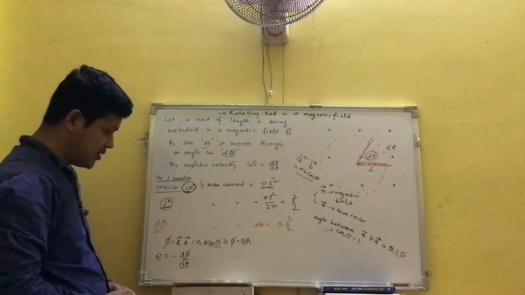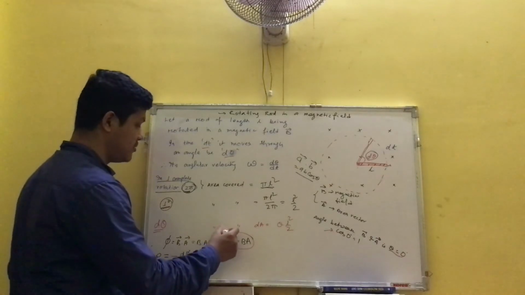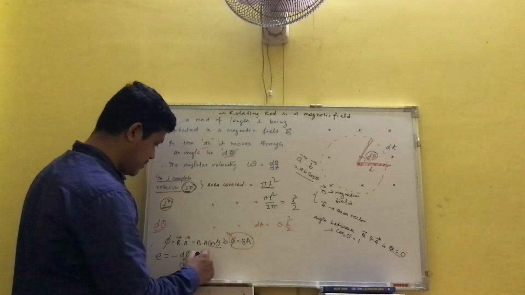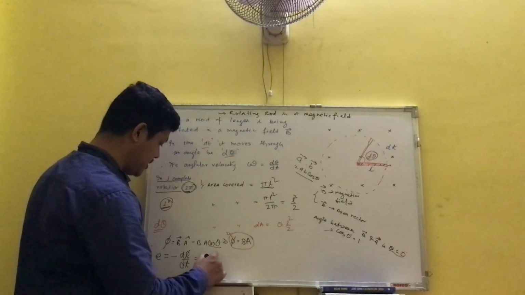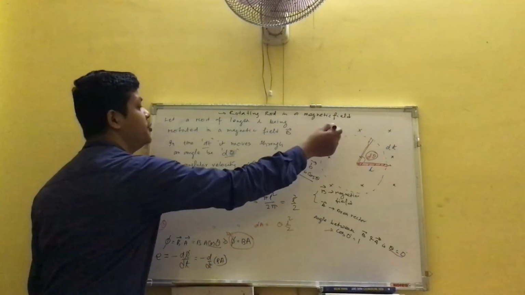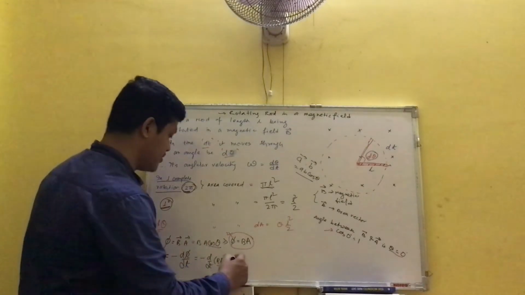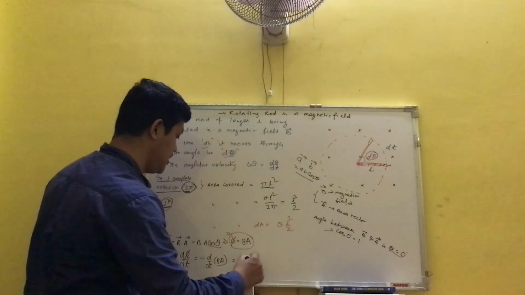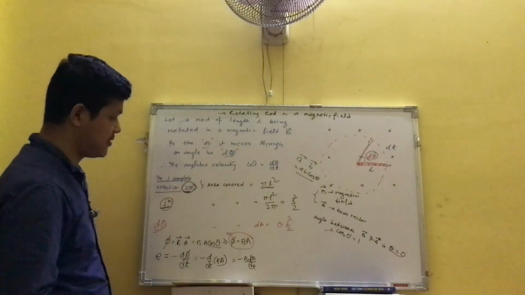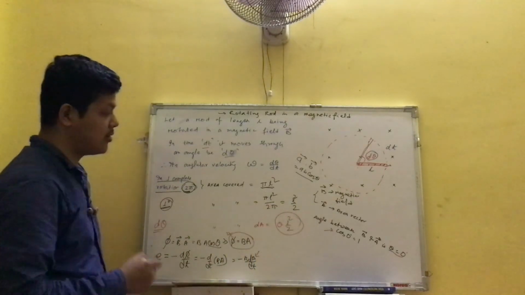Now as we have got phi equals BA, replace phi by this value, then you will get minus d by dt of BA, and the magnetic field B is constant because we are applying a uniform magnetic field. Remember that. So we can write minus B dA by dt, right? Now this dA is nothing but theta L square by 2, or half L square theta.